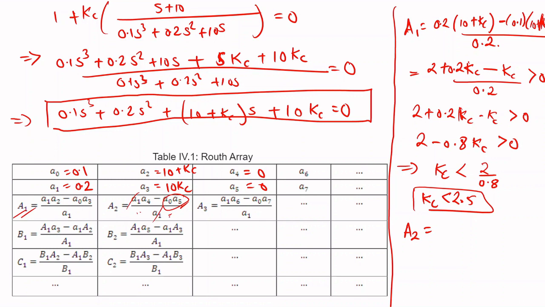A4 is also 0, so this term will become 0. And over here, we will be getting B1 is equal to A3, rest of the terms will be 0. So A3 is 10 Kc, so that will also be greater than 0. That is the only criteria that we are having: the value of Kc should be less than 2.5.